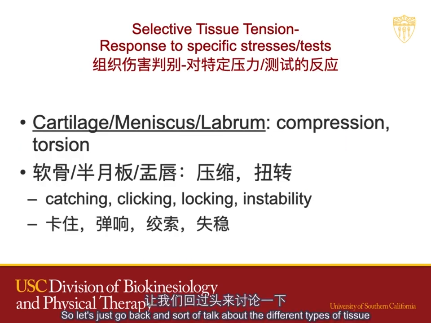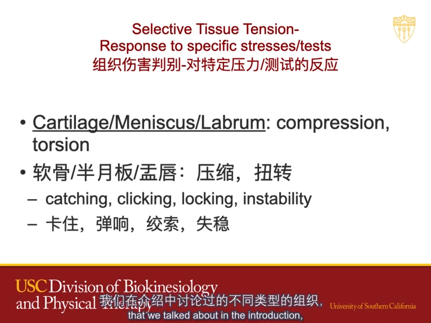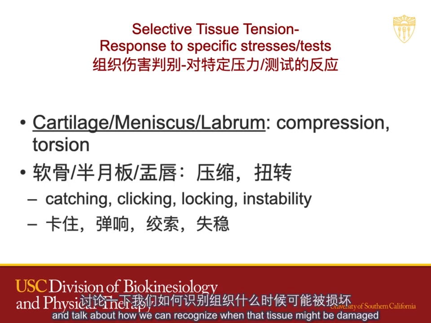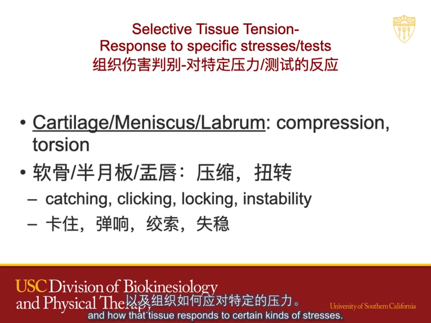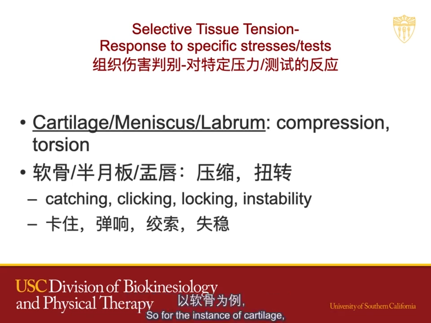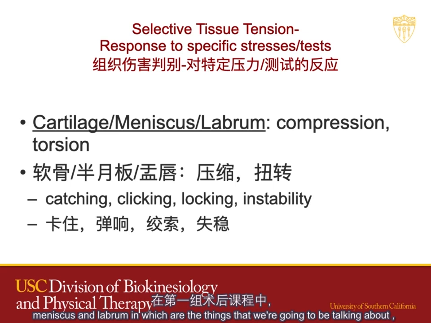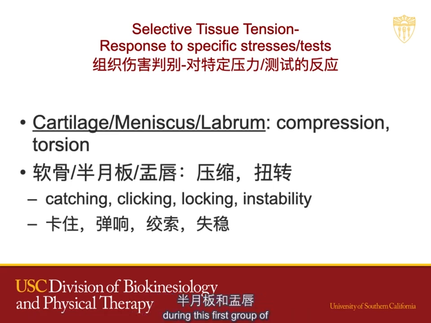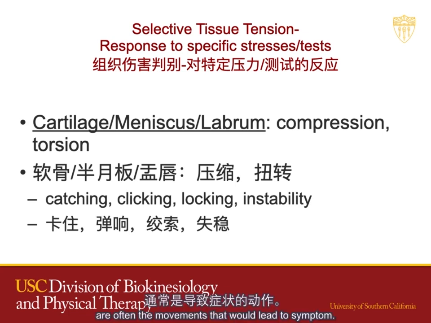So let's just go back and sort of talk about the different types of tissue that we talked about in the introduction, and talk about how we can recognize when that tissue might be damaged and how that tissue responds to certain kinds of stresses. So for the instance of cartilage, meniscus, and labrum, which are the things that we're going to be talking about during this first group of postoperative classes, you'll recognize that compression and torsion are often the movements that would lead to symptoms.